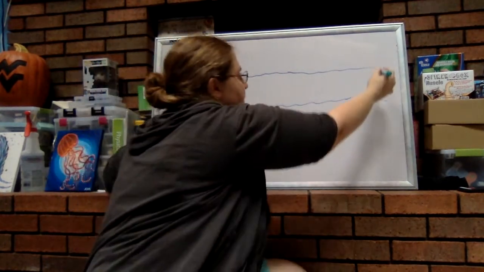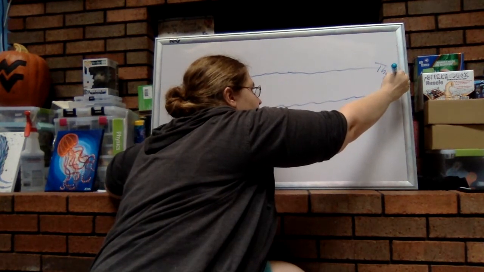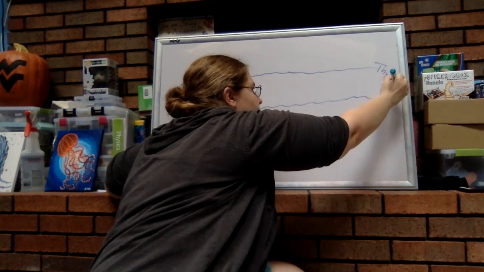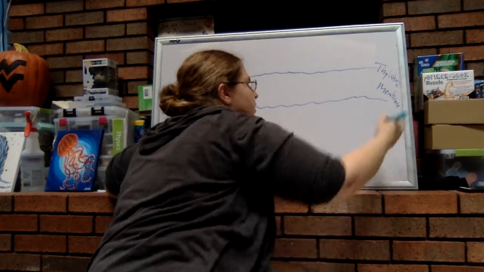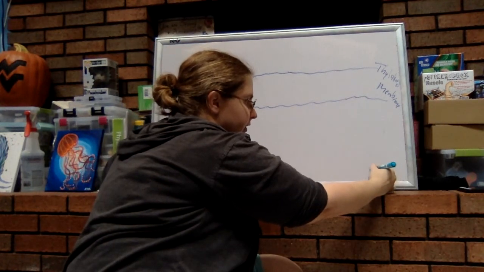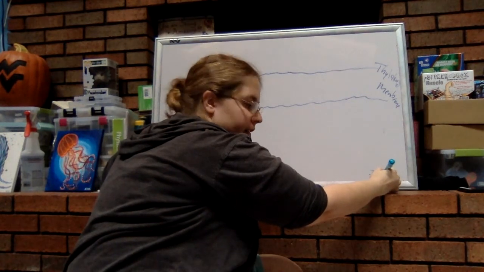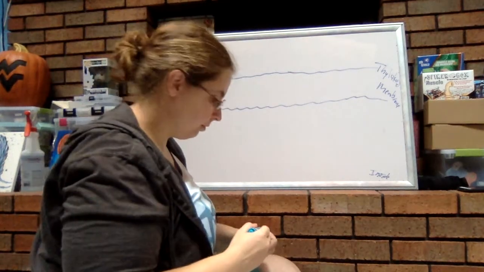So this is the thylakoid membrane. This would be inside the thylakoid. This would be outside of it.